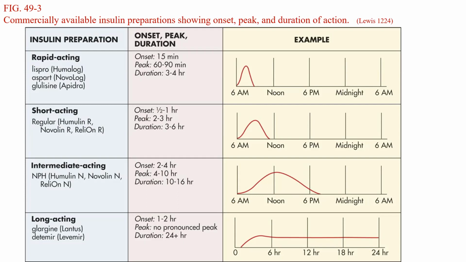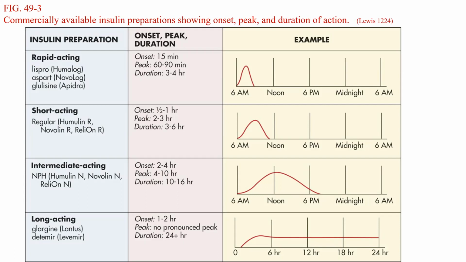So the rapid-acting insulin, like Lispro, the onset is usually within 15 minutes. The time to peak would be 60 to 90 minutes. Duration 3 to 4 hours. Short acting, the onset is 30 minutes up to 1 hour, peak 2 to 3 hours, duration 3 to 6 hours.